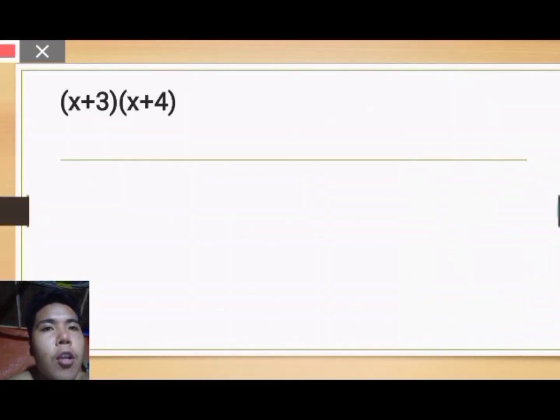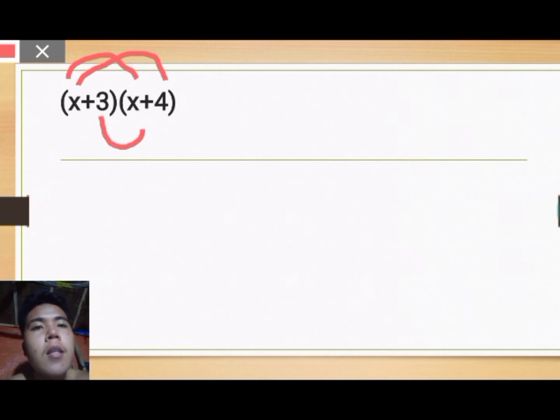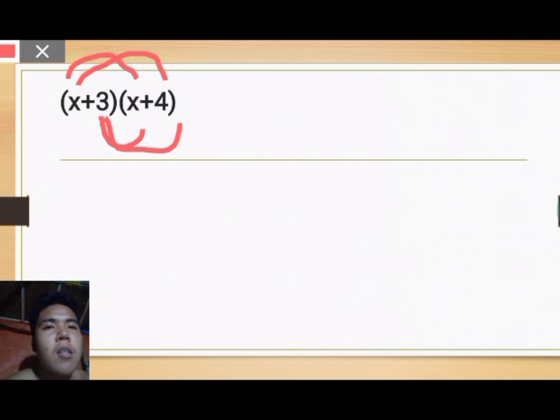You multiply the x to x, then x to 4, then 3 to x, and 3 to 4. It's similar to the FOIL method. It is a FOIL method also, right?